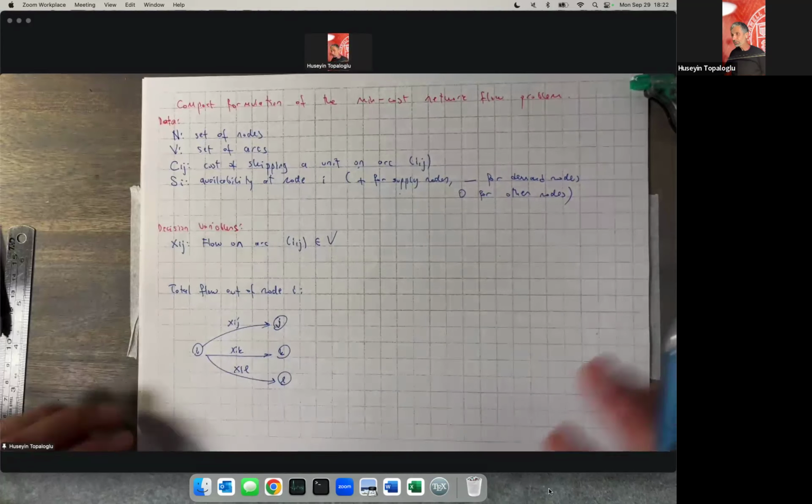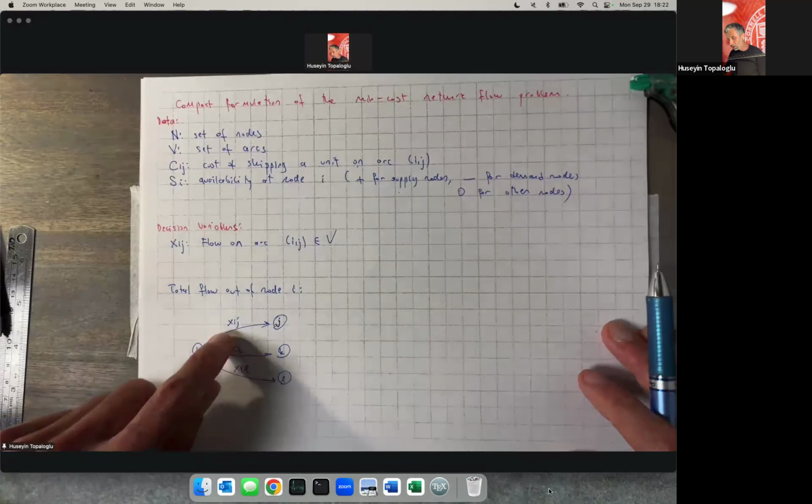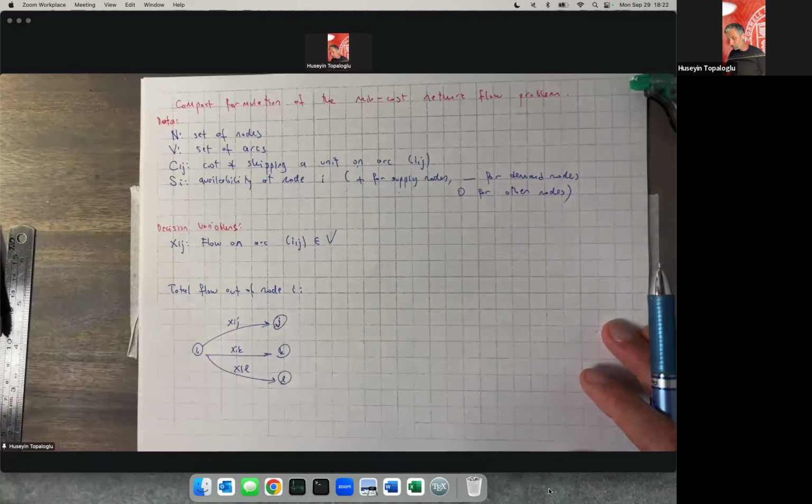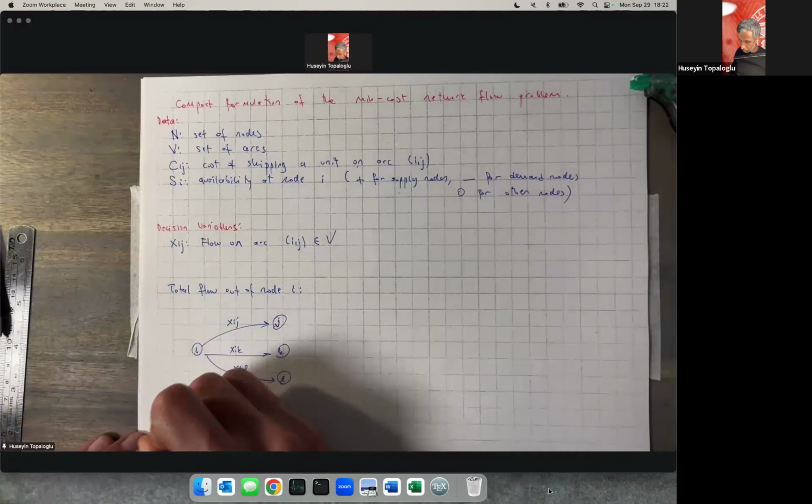So if I want to write the total flow out of node i, what I need to do is, for fixed i, add the x_ij variables over all the j's.